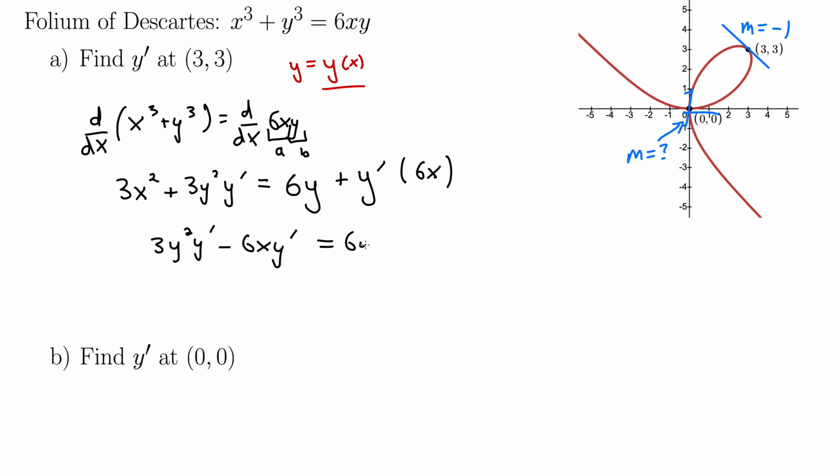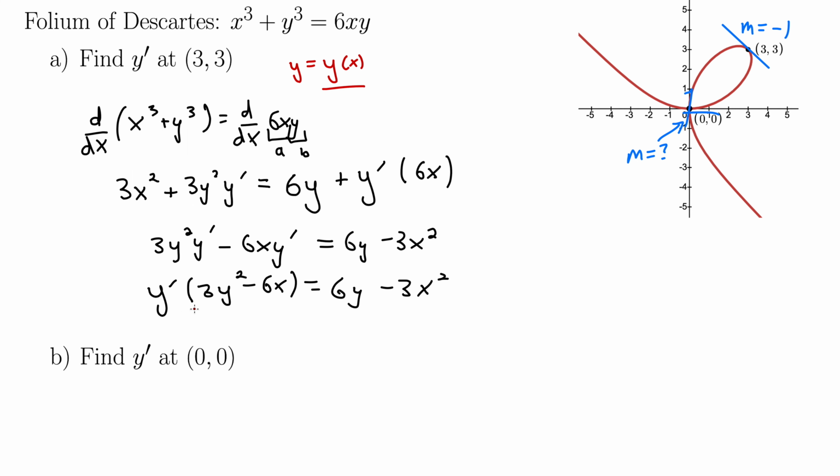So we now have 6y minus 3x squared. We factor out a y prime now, and they all kind of work the same way, the same steps. You get the y prime stuff on one side, you factor out a y prime, you divide everything else away. So factoring out a y prime gives us 3y squared minus 6x left behind equals 6y minus 3x squared.